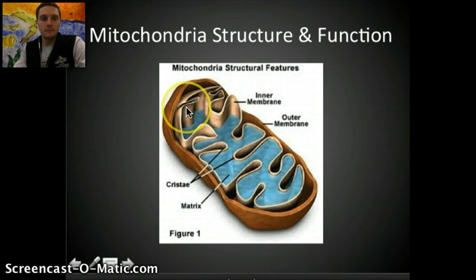The cristae are these tubular projections of the inner membrane, and so they're kind of folded and bent so that we're increasing the amount of surface area, and so this allows for a greater amount of location space, basically, for the electron transport chain to occur. And so really it allows for the increased production of ATP because it's increased the surface area of where that electron transport chain is taking place.